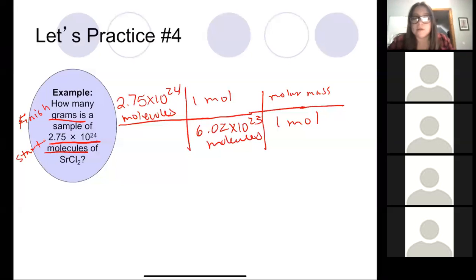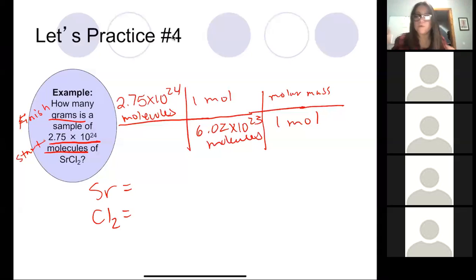What molecule are we calculating for? Sr and Cl. Yep, Sr and Cl. So we are doing Sr and then 2 Cls.